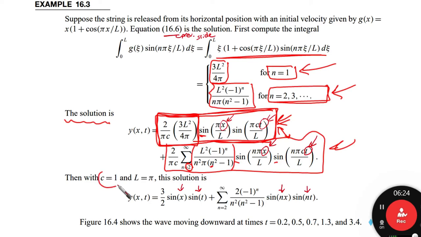With c equal to 1 and L equal to pi, these are special conditions for us. As I said, the limit of the interval is always given to us, and c depends on some characteristics that we should know.